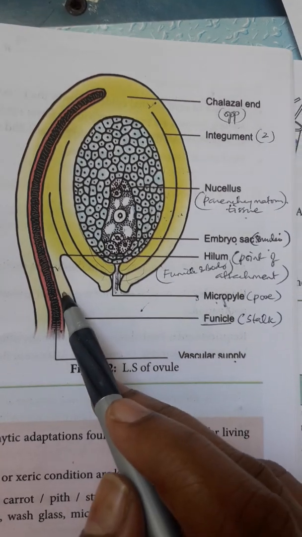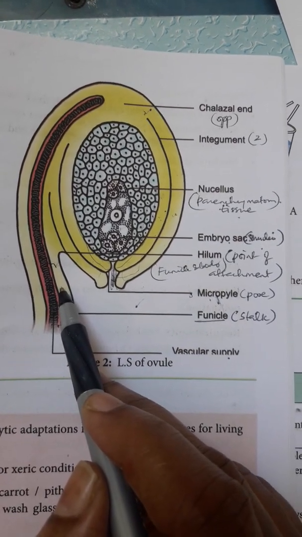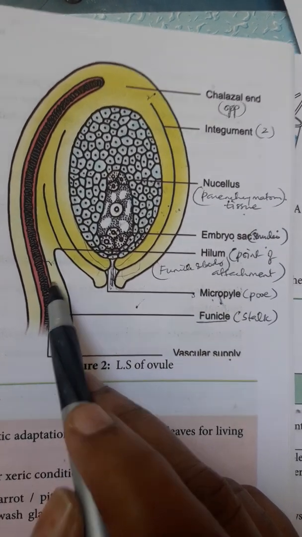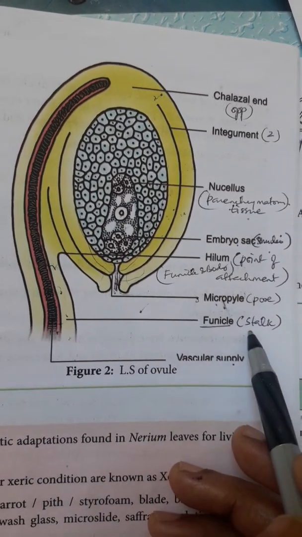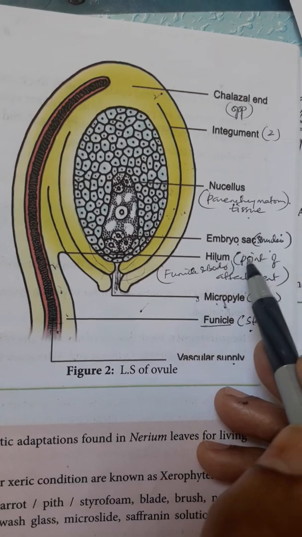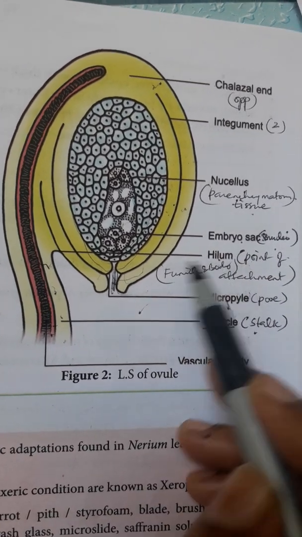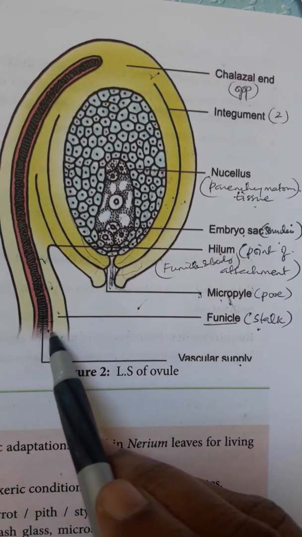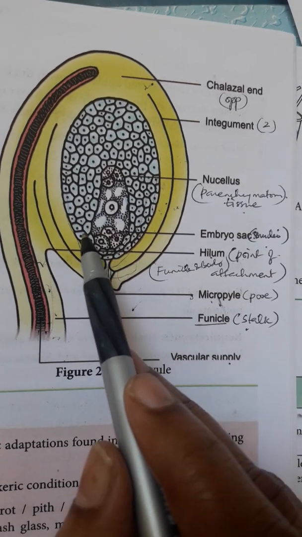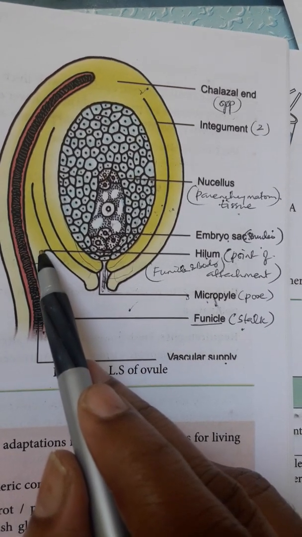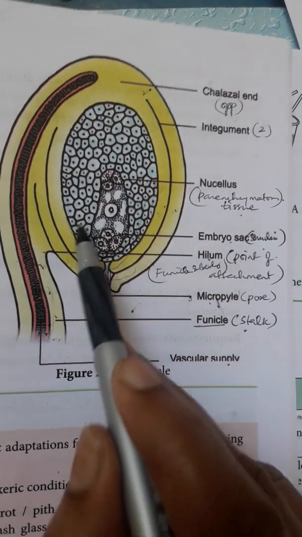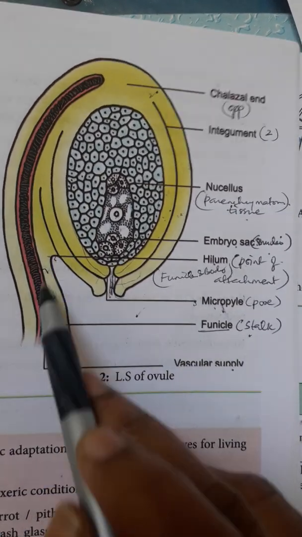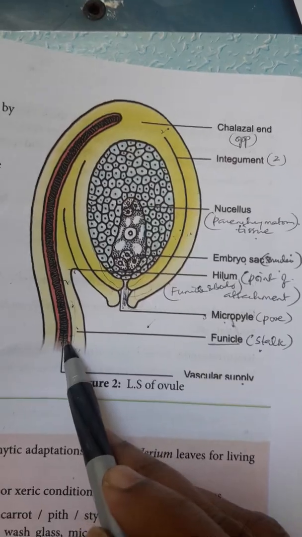And then this is the funicle, the stalk, and hilum is the point of funicle and the body. Okay, this is the funicle and this is the body. So the point of funicle and body is known as hilum. Okay, funicle is the stalk of the ovule.